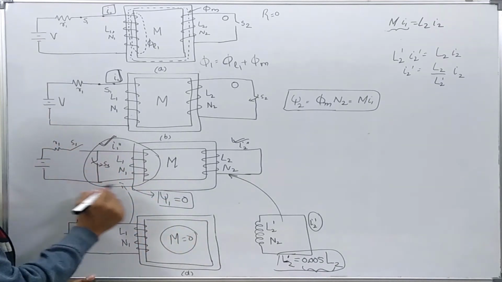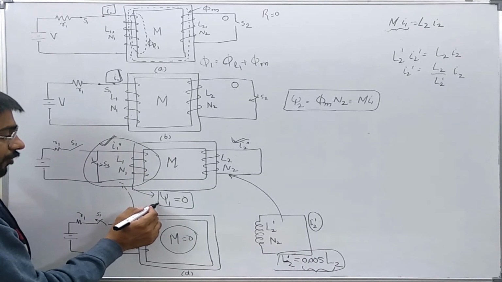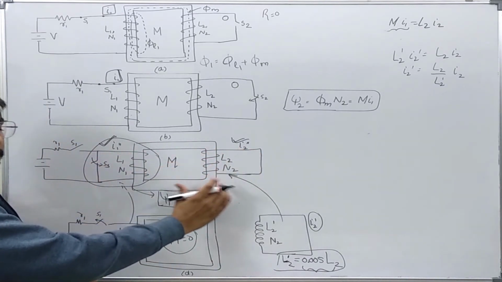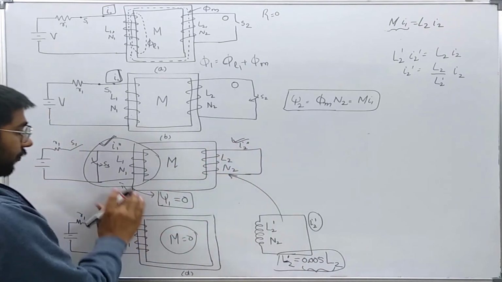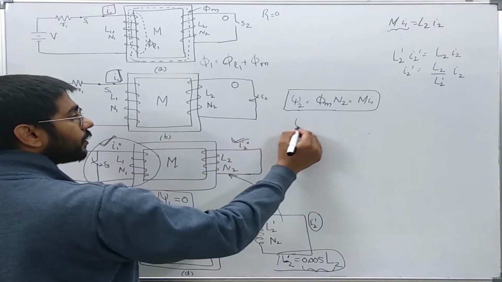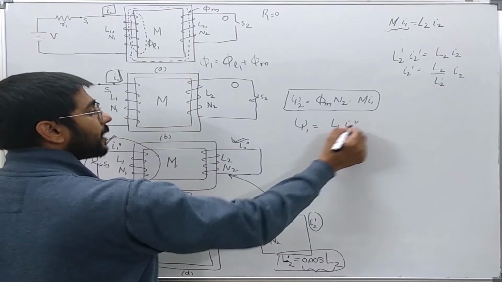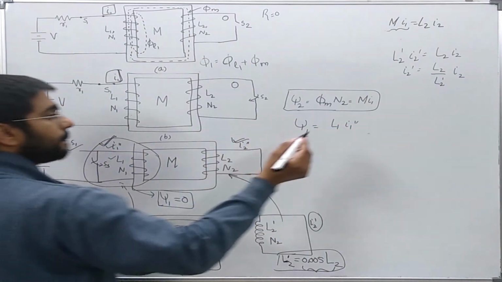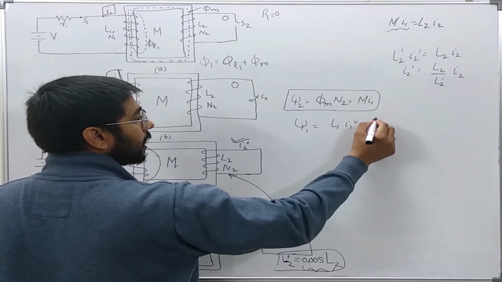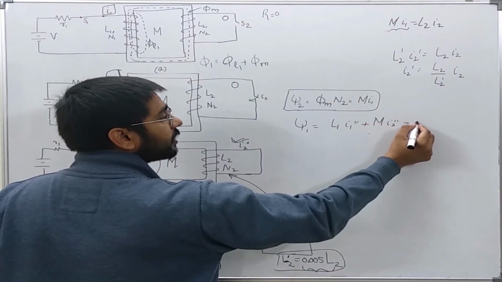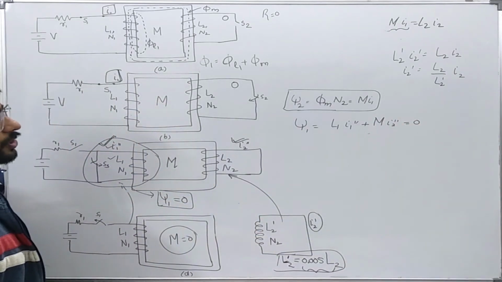Now since it is a closed circuit, the flux linkage should remain constant. Now after we have taken this coil here, the flux linkages of this circuit will be L1 I1 double prime, this current into L1, plus M I2 double prime, and this should not change, that is it should be equal to 0.